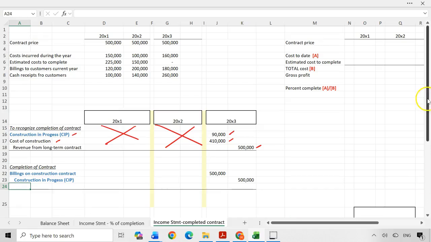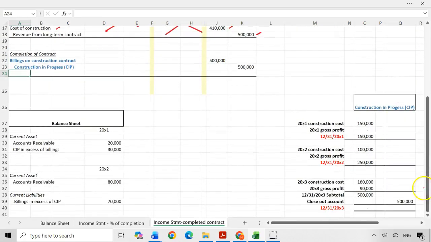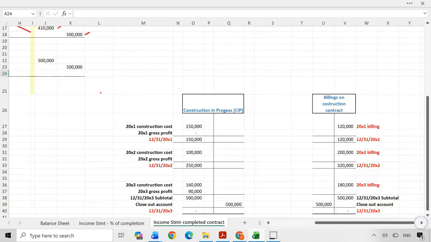Okay, and so when we look at our T accounts and we record all those, at the end of 12/31/X2 our balances were $250,000 and $320,000 respectively. We recorded our construction cost to the construction in progress account for $160,000 back from the balance sheet video. And now we're going to record a debit to construction in progress for the 20x3 gross profit amount of $90,000.